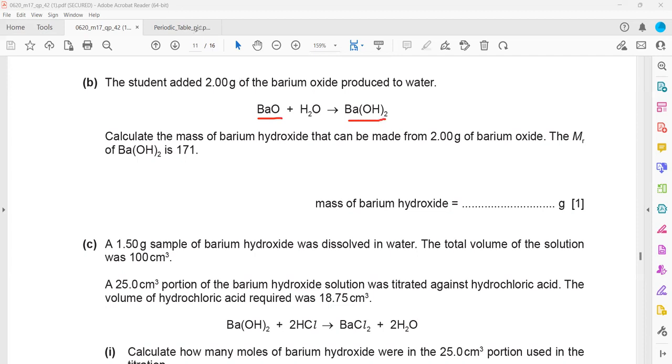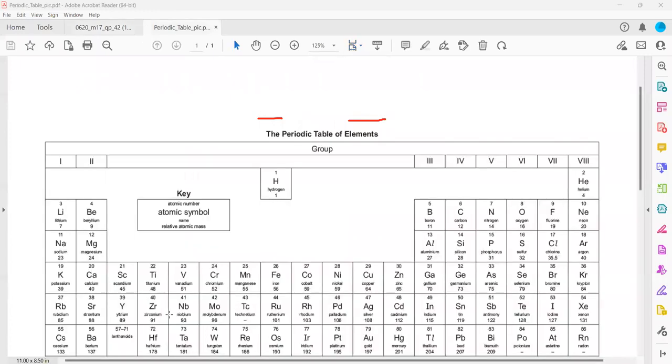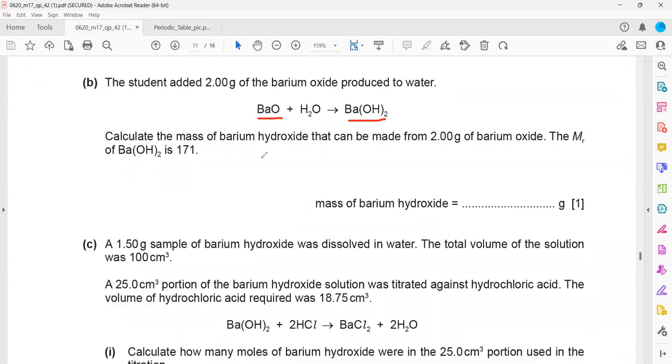When you check the periodic table, barium we already did, that was 137. So we have barium 137 and oxygen 16, so 137 plus 16 because one oxygen is there.